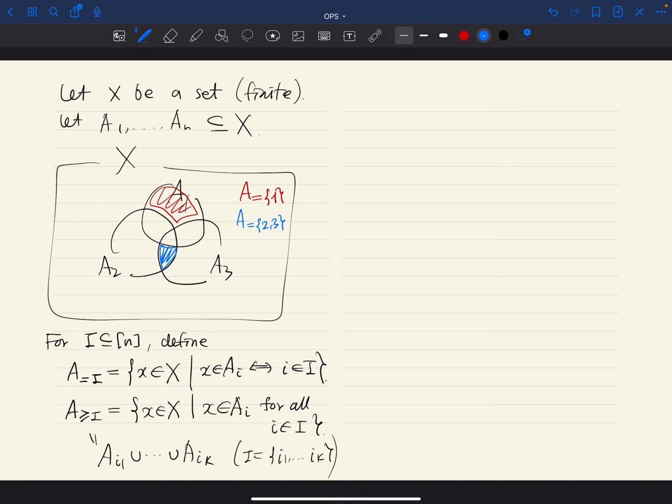What is A greater than or equal to {2,3}? This is this part over here, the whole thing. It must contain 2, it must contain 3, but that's the only condition. So this part is this. Of course, this must be an intersection.